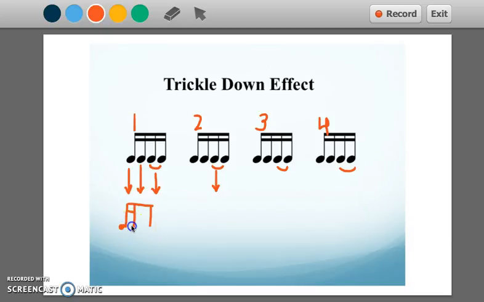Okay, now we've got to figure out how it's going to be counted. We have 1, E, and A. So this pattern down here will be counted 1, carry that down, E, and the next thing you're going to say is and.